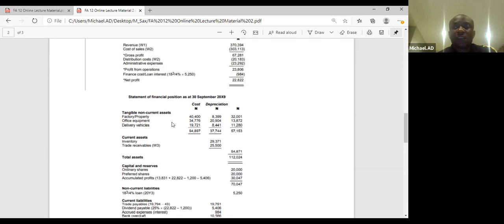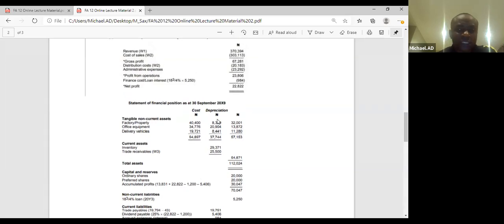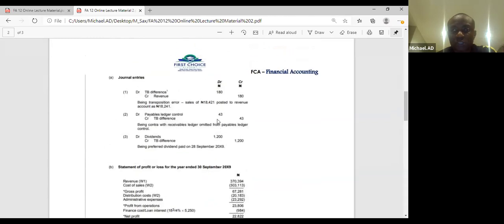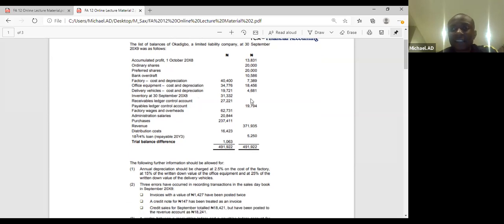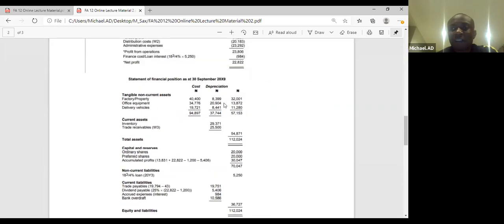But if you look at the factory and property, depreciation for it, 8,399. Is that what is in our question for depreciation? Let's look at it. For factory, we have 7,389, but this is telling us that we have 8,389. What then happens to the difference?